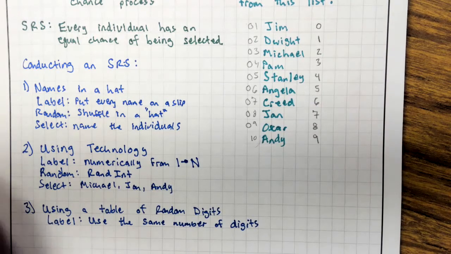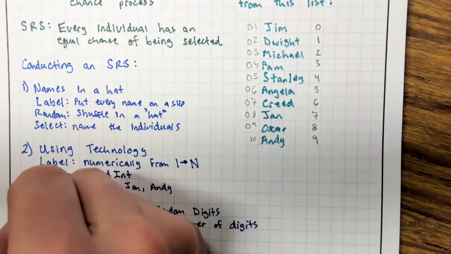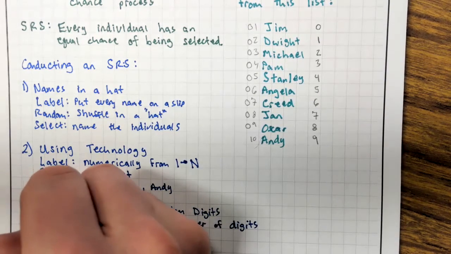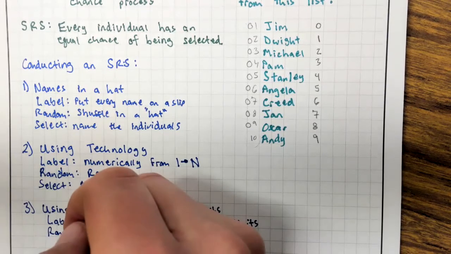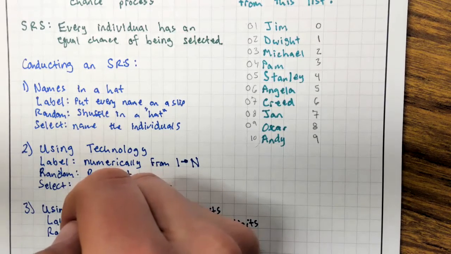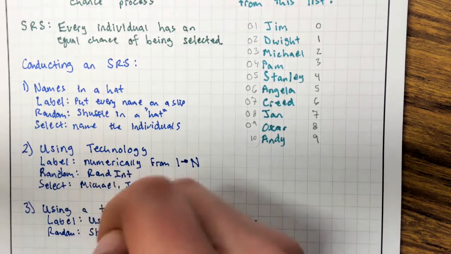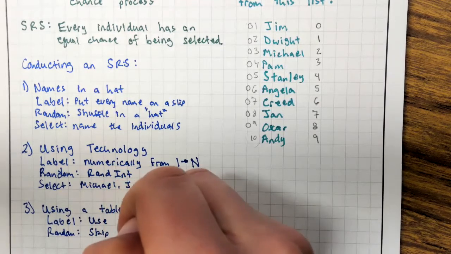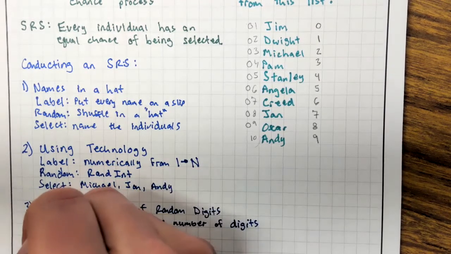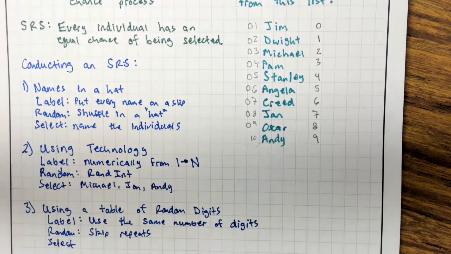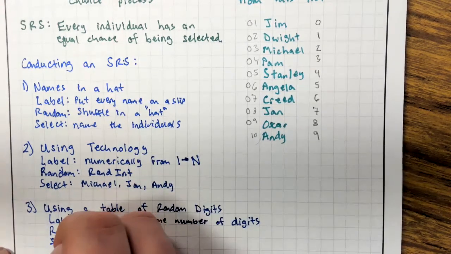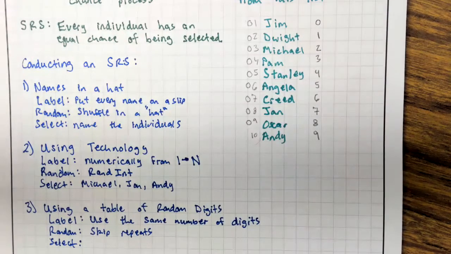Okay, so for the randomization process, we are going to skip repeats, and then we can select. So the random process on this is definitely going to a table of random digits. I just Googled table of random digits and clicked on one that looked like AP Stats related.